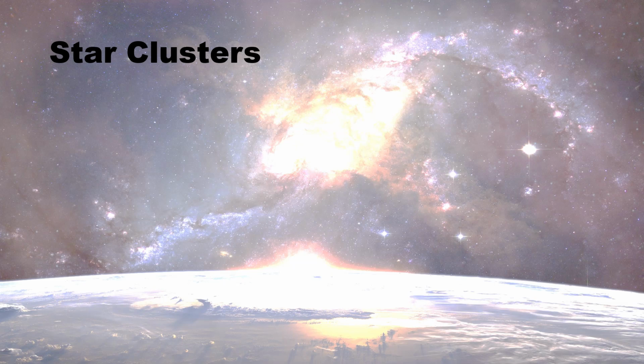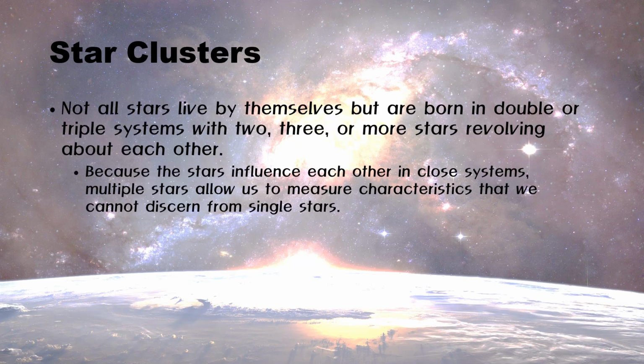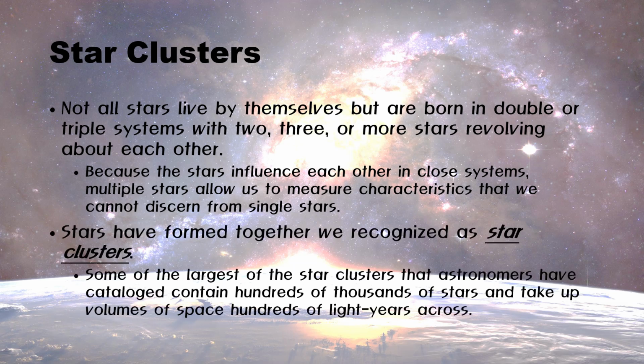And speaking of star groupings, what about star clusters? Not all stars, like our sun, are by themselves. Some are in double or triple systems with two or three or more stars revolving about each other. Because the stars in these systems influence each other, multiple stars can give us insight into characteristics that we could not discern from single stars, such as our own.